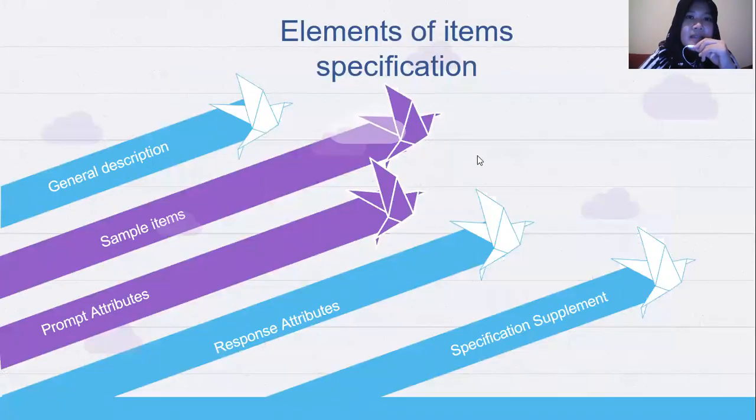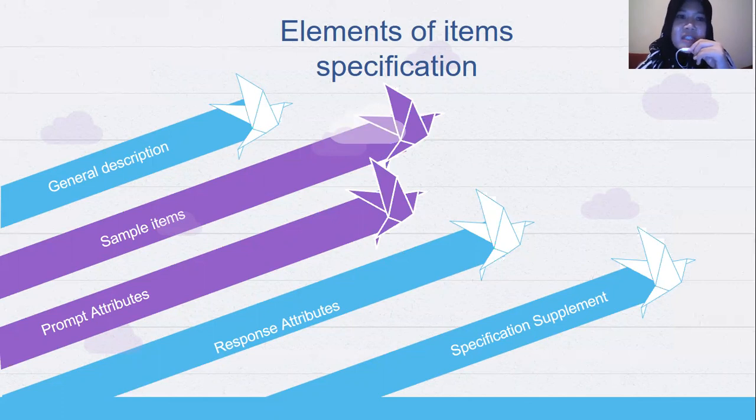And the last thing that I need to share here is related to the elements of item specification. Here are several important elements related to the items of tests. The first one is general descriptions.